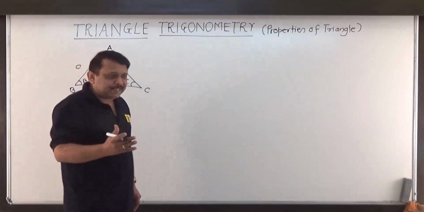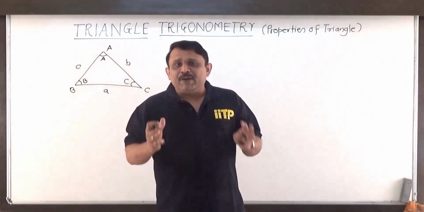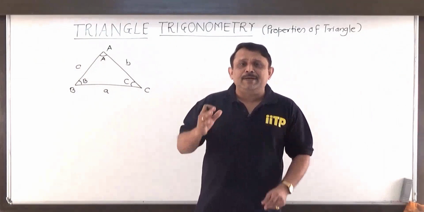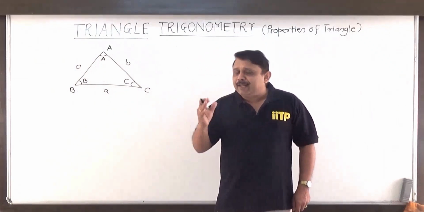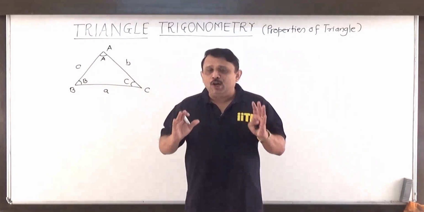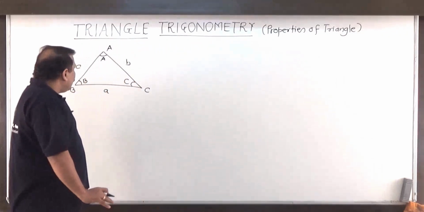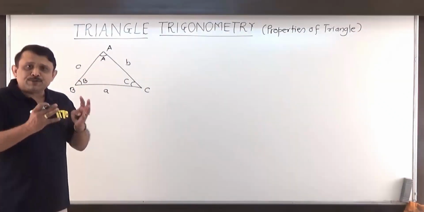In all other cases, we know the triangle completely. That is, if any 3 elements of 6 elements are known, we can find the remaining 3 elements of that triangle. That is called solving the triangle completely. Now to solve this, we are going to use trigonometry.